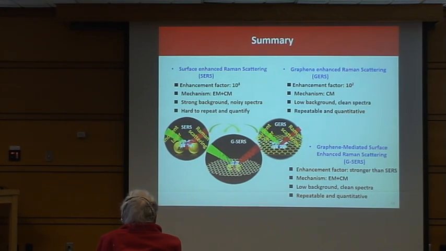GERS, even though the enhancement factor is smaller, has lots of advantages for studying the chemical mechanism, giving a very low noise and clean spectrum, and giving us repeatable and quantitative Raman signal.